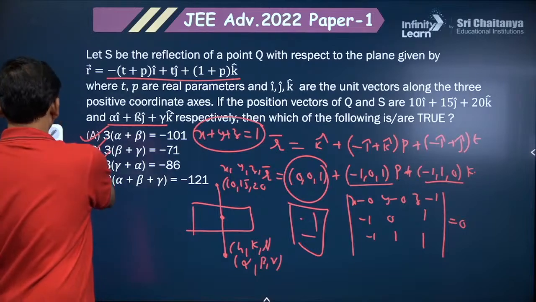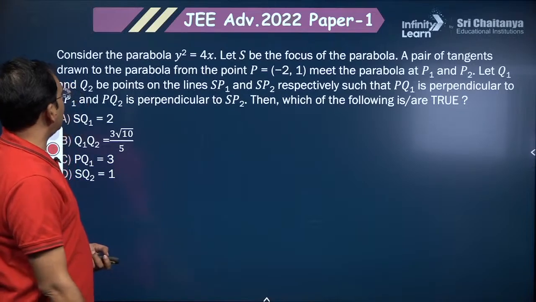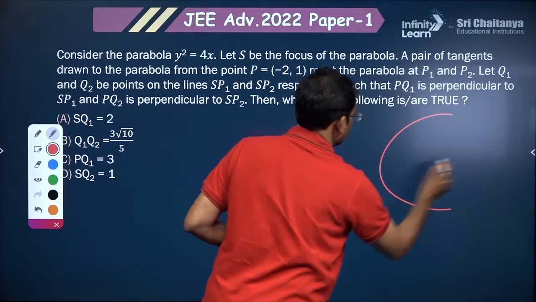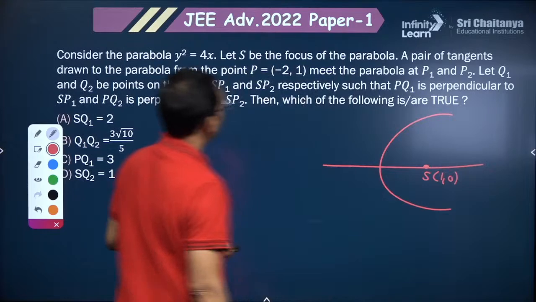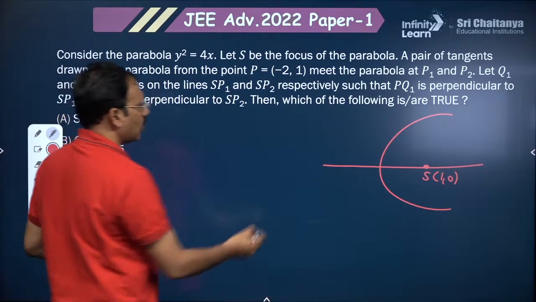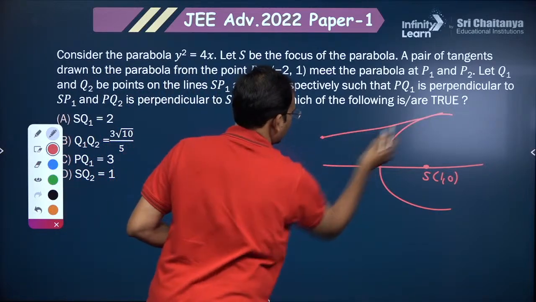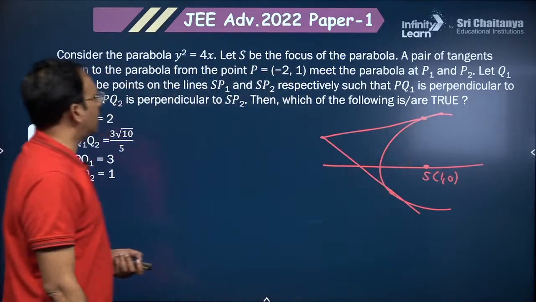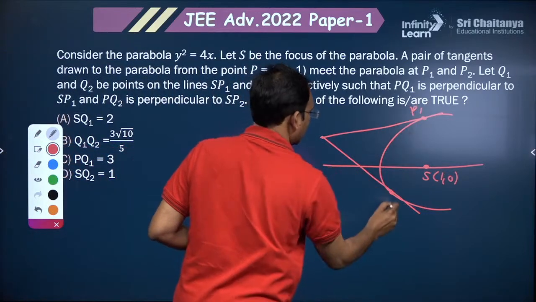Next friends, this question: y square is equal to 4x is a parabola. So it is a standard parabola. Here y square is equal to 4x, let the focus S be 1 comma 0. Now a pair of tangents are drawn to the parabola from the point minus 2 comma 1. From the point minus 2 comma 1, this is one tangent, this is another tangent, touching at P1 and P2.